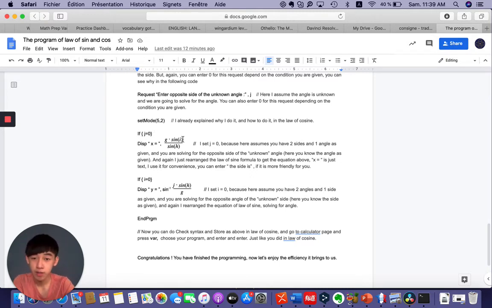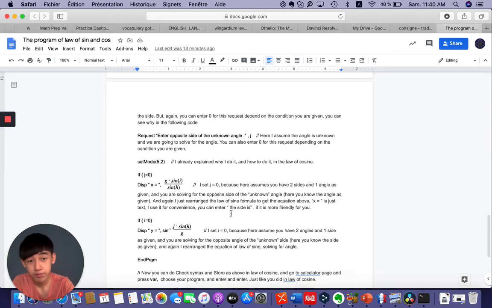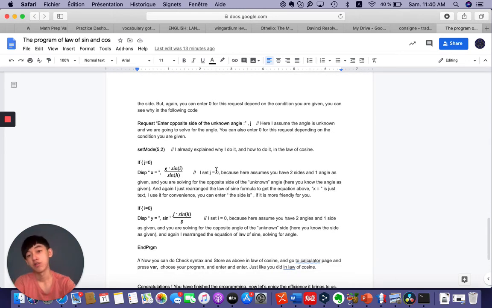So here, as always, we come again to the if clause. So if j equals 0, which means this time we don't know the opposite side of the unknown angle, which means we need to find it. As I wrote here, we have two sides and one angle as given, and you are solving for the opposite side of the unknown angle. Here you know the angle given.